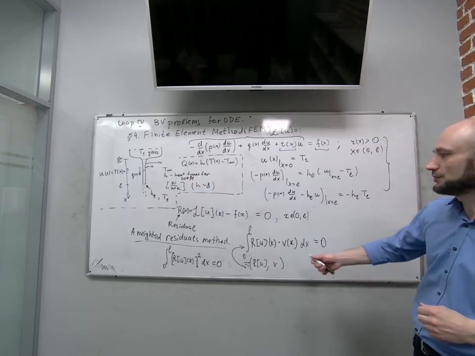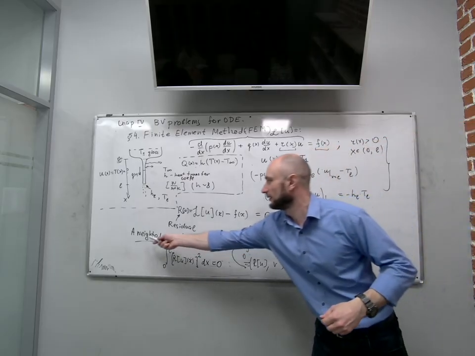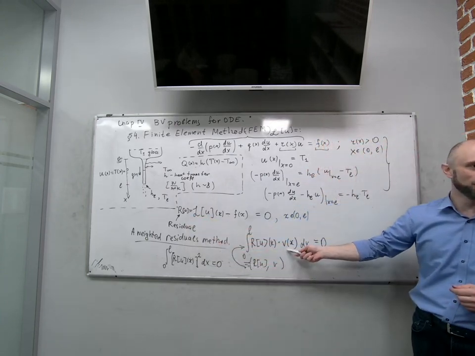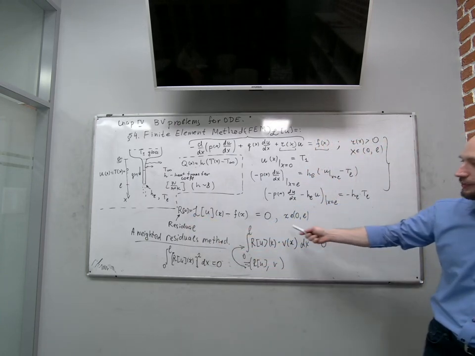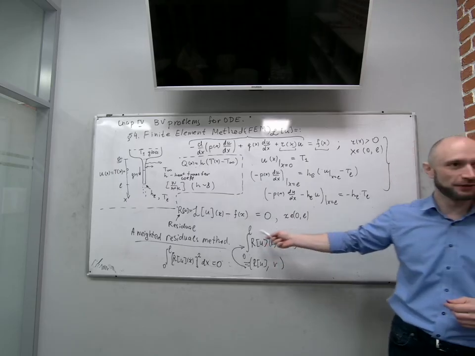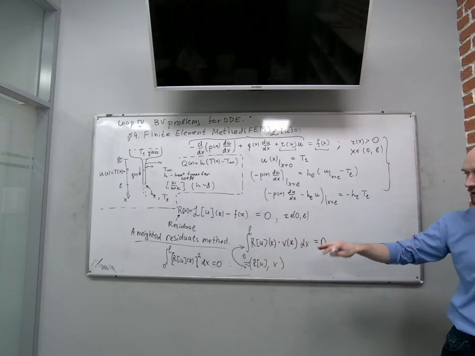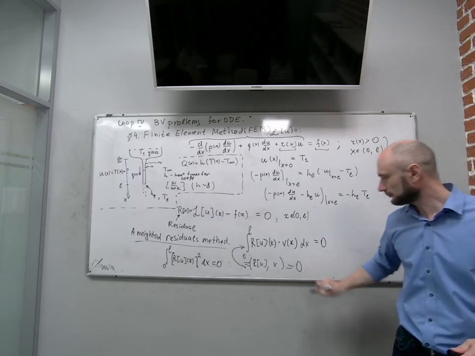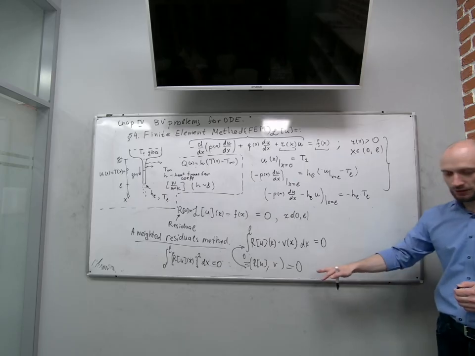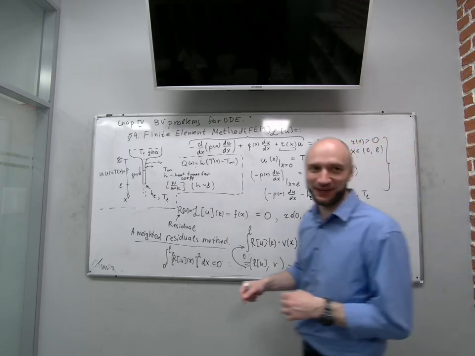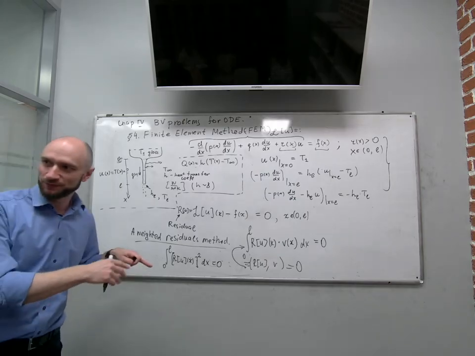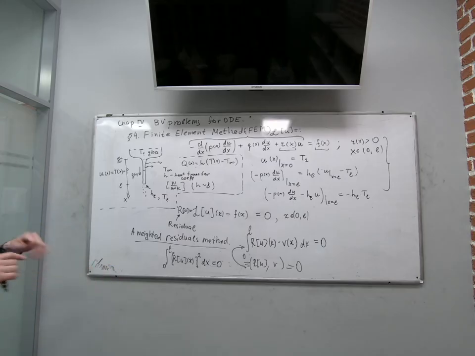Okay, so what we do is we weight our residual with some sufficiently smooth function, and we request that the scalar product of our residual and this function is zero. So this is the keystone component of the finite element method, and many other methods that can be derived from this idea.